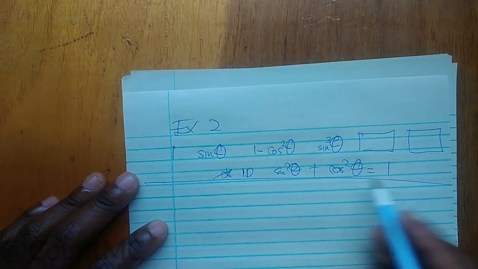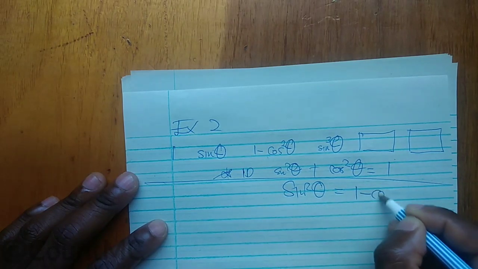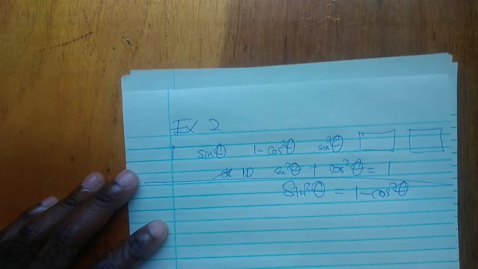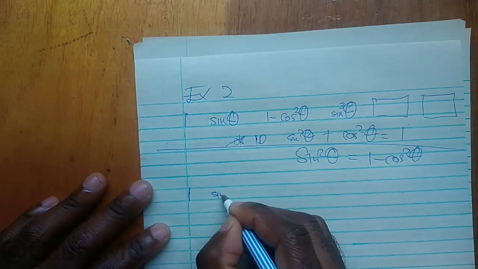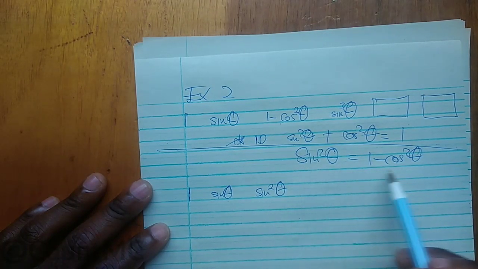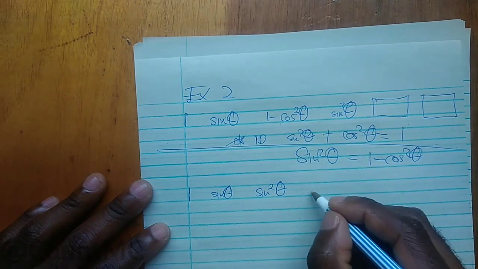So you take this to this side, you are only left with sine squared theta, which equals 1 minus cos squared theta. So we need to make everything look the same. So this will look like 1, sine theta, sine squared theta, in place of 1 minus cos squared theta, sine cubed theta.